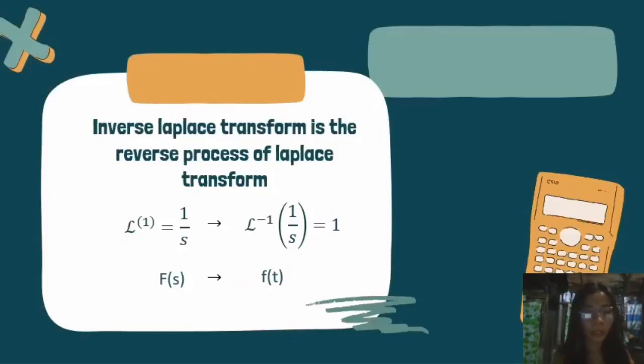So basically, the inverse Laplace transform is the reverse process of the Laplace transform. For example, the inverse Laplace of 1 over s is equal to 1. So the inverse Laplace of F(s) is f(t).